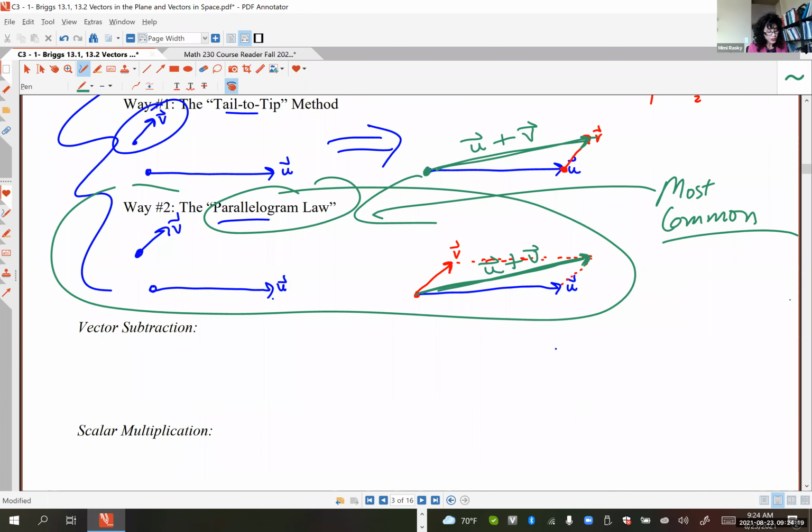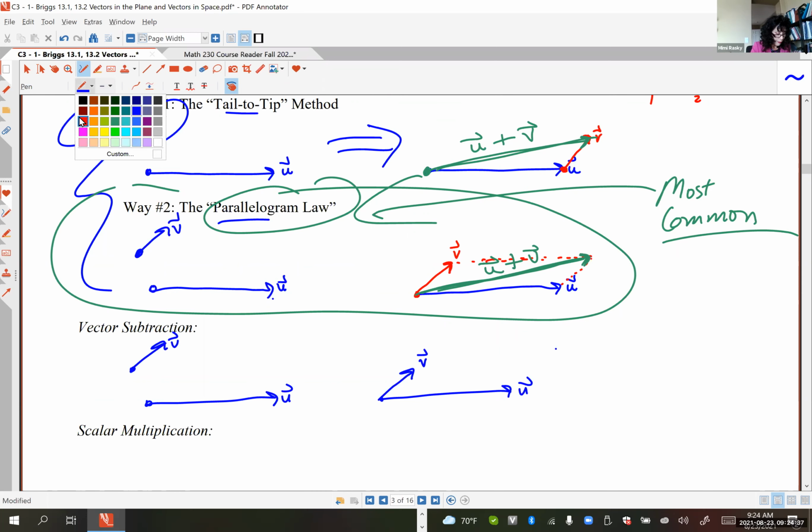Now, what about vector subtraction? What if you subtract two vectors? So here's u, here's v. If I translate v so that their tails touch, the vector u minus v is the vector connecting their two tips.